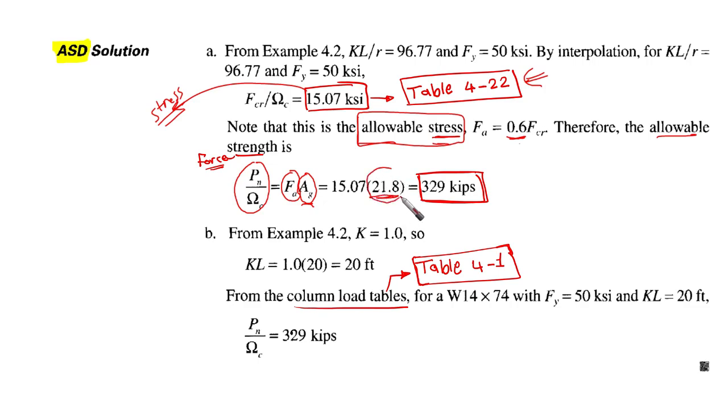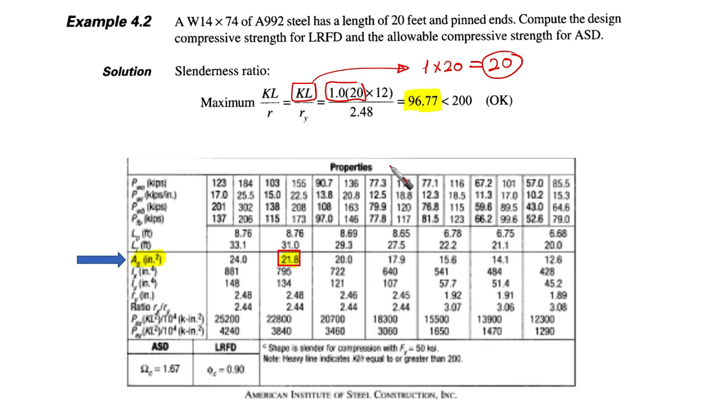Where can we obtain this? Exactly from the dimensions and properties table. Please stop the video and go check it, or you can obtain it easily from table 4-1, as we mentioned before. This is the gross area, and you are going to find the value 21.8.